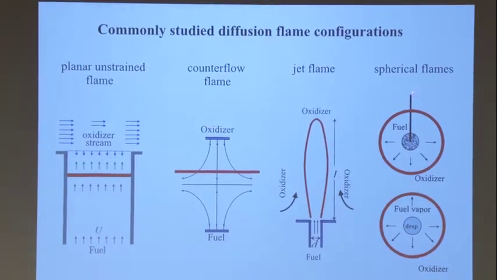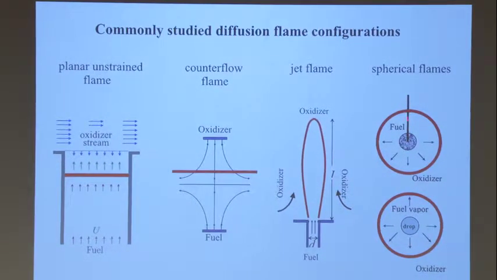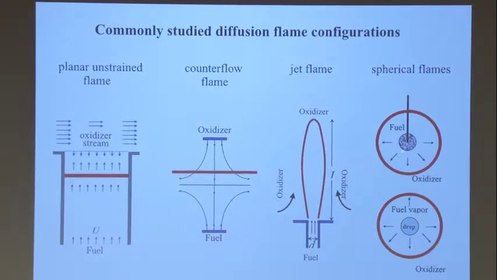Alternatively, what people do is inject the fuel in a thin tube, and you have a porous sphere, and then the fuel comes out of the sphere in a more or less uniform way, so as to establish a spherical flame around it. So that's one configuration often used in the lab.